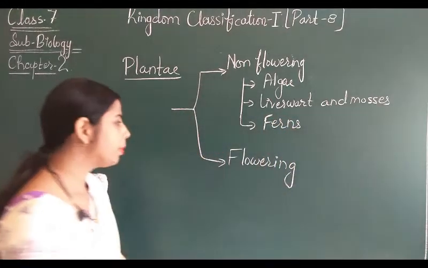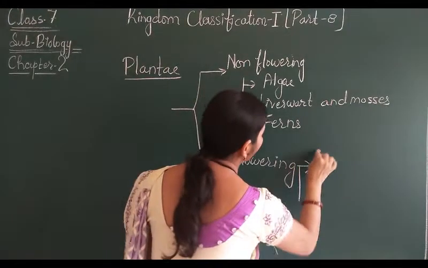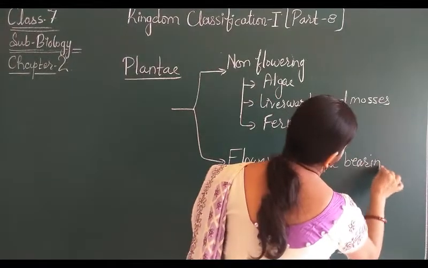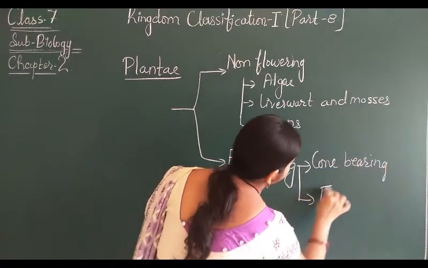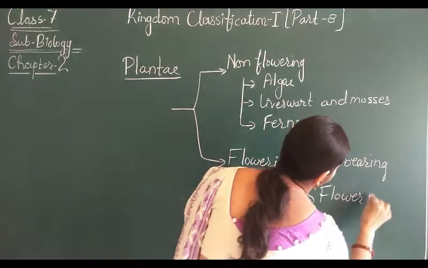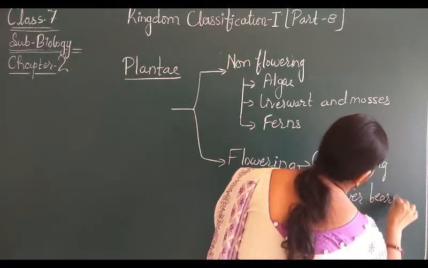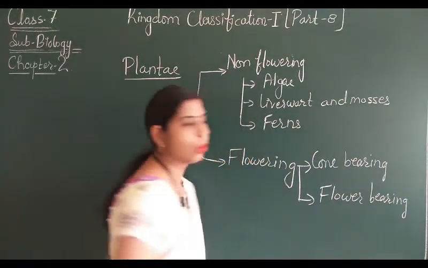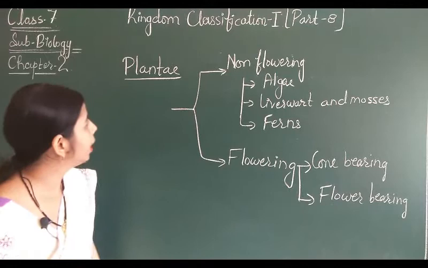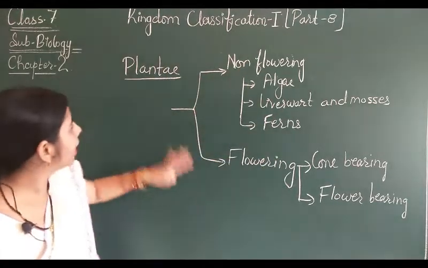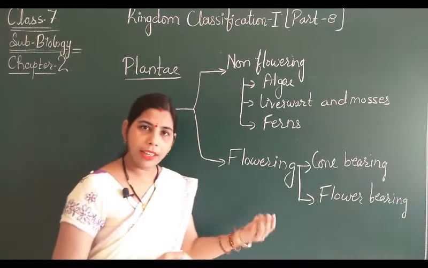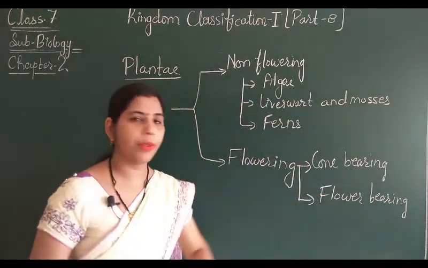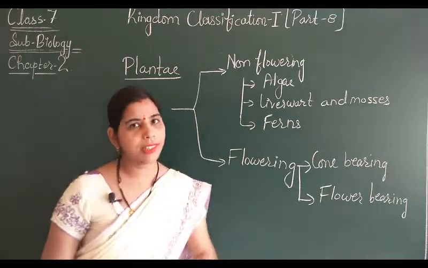And the flowering group is further divided into cone bearing plants and flower bearing plants. And the flower bearing is again divided into monocotyledonous and dicotyledonous. So this type of division is there in the kingdom Plantae. We have to study algae, liverwort, moss, cone bearing, flower bearing, everything, but we are going to discuss that in the next video.